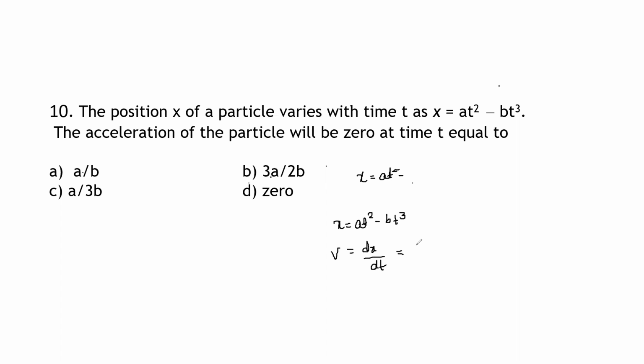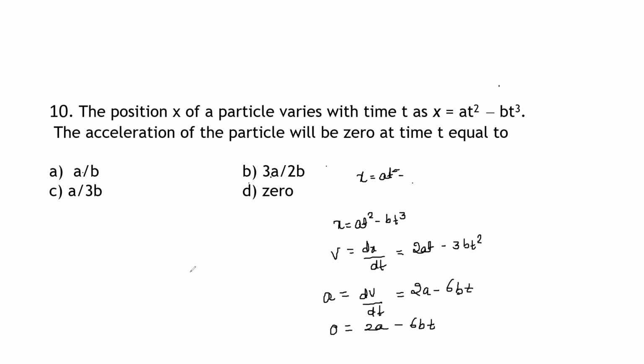That is equal to 2at minus 3bt square. This is V. We have acceleration a is equal to what? dv by dt. That is equal to 2a minus 6bt. What they have said, the acceleration of the particle is becoming 0. So when the acceleration is 0, 0 is equal to 2a minus 6b into t. We require time t.